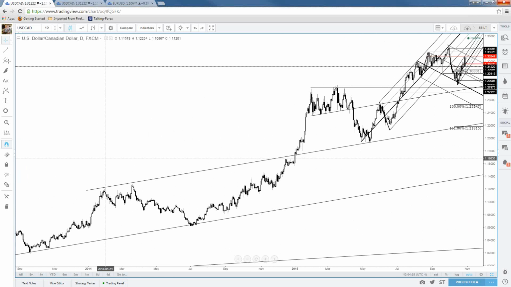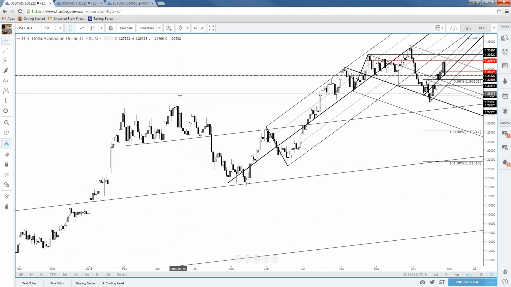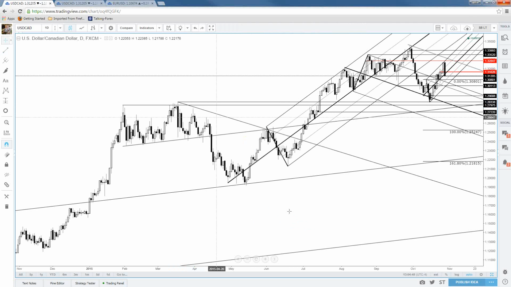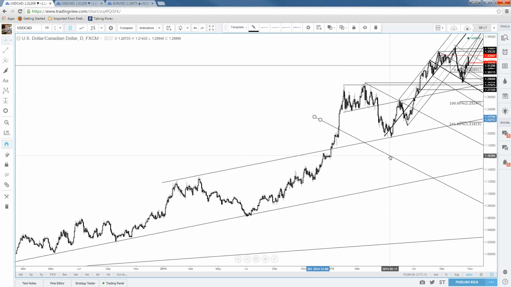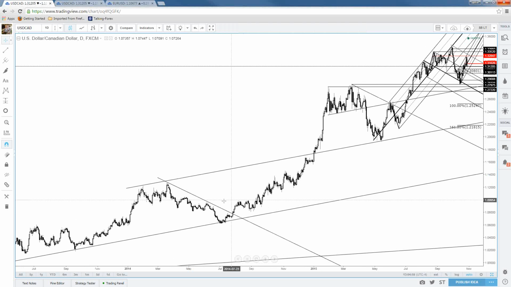Also, slopes of previous downtrends in dollar CAD. So here's the slope from dollar CAD earlier in the year. And you can see it's the exact same trend line as the one back here.